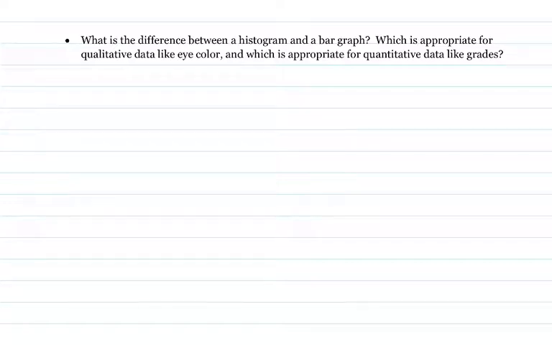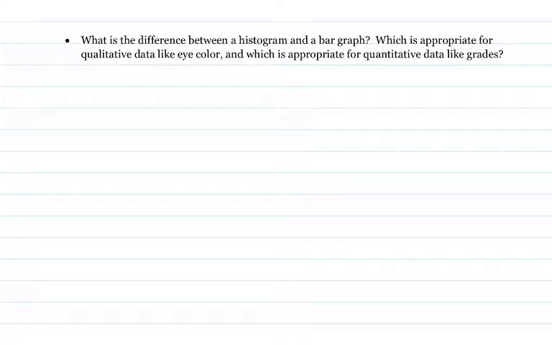Okay, so which would be appropriate for qualitative data like eye color? Well, eye colors could be brown, blue, green, hazel. There's more, and I can't even think of them. So that would be things that are discrete. Your eyes are either brown or blue or green or hazel.